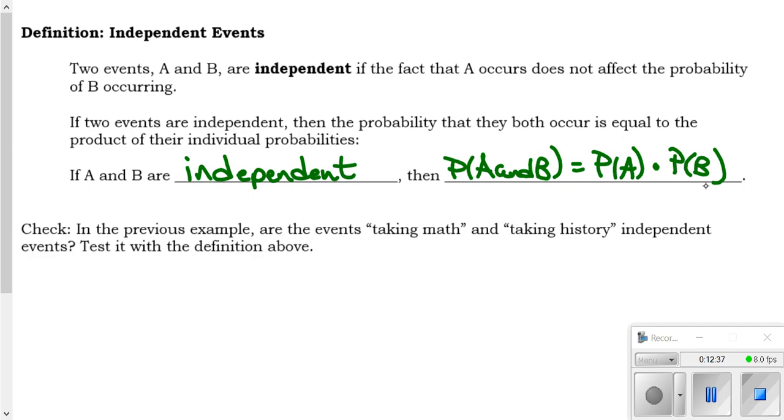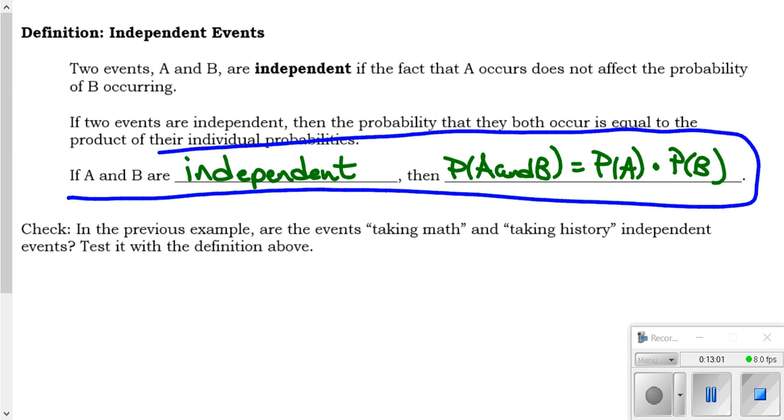All right, so one use of this idea is to test and see if certain things are independent or not. So for example, we had this nice Venn diagram from our data, and I might be curious, are the events of taking math and taking history independent or not? Well, I can use this as a test.